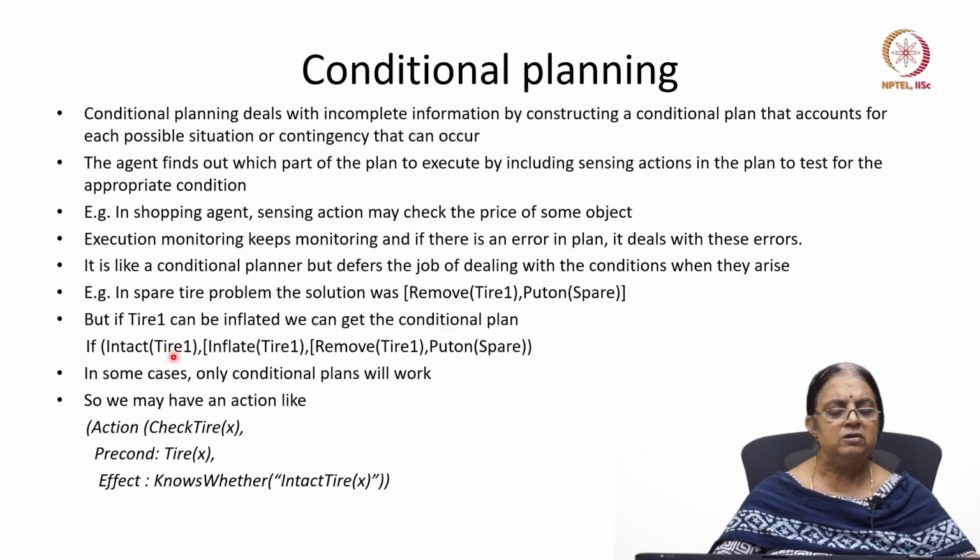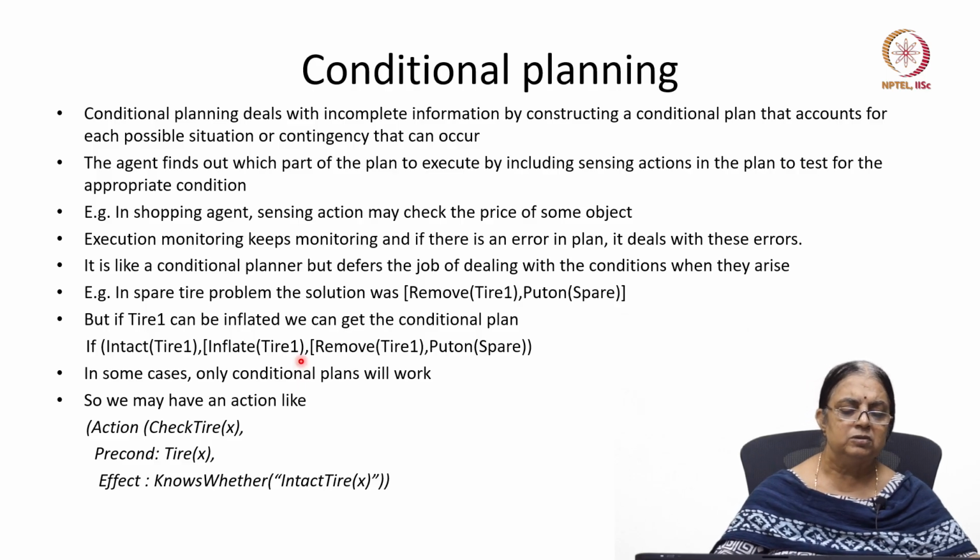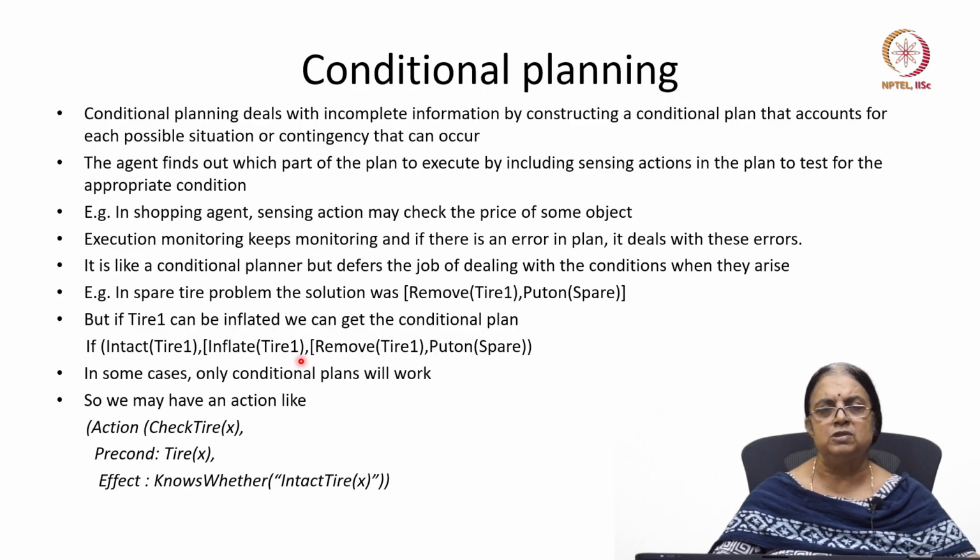If intact tire 1, then you inflate tire 1, otherwise you remove tire 1 and put on the spare, right. So this type of plan is what is known as a conditional plan, and this is done by actually sensing and checking whether the tire is intact or not. And in some places it really helps to use conditional planning.